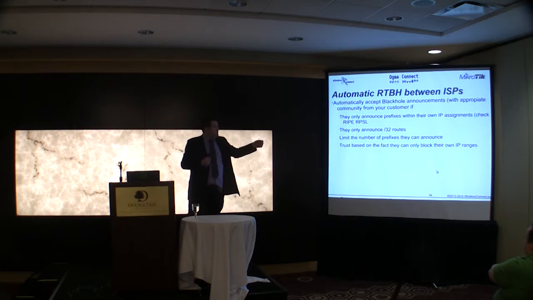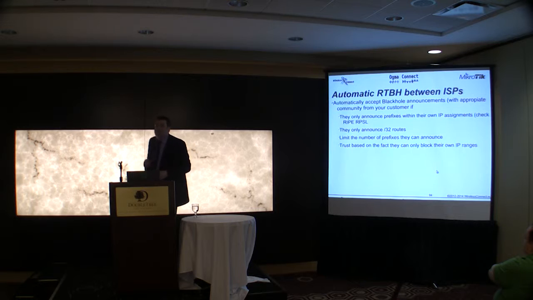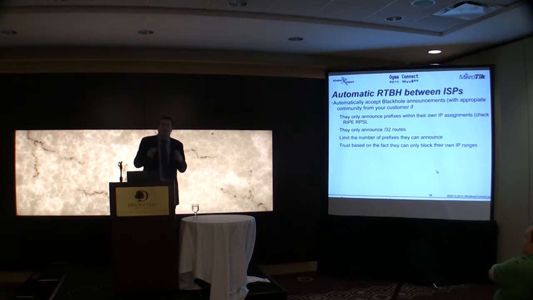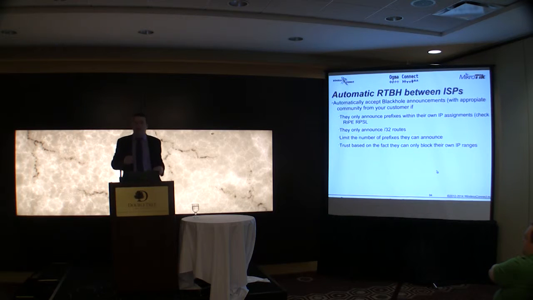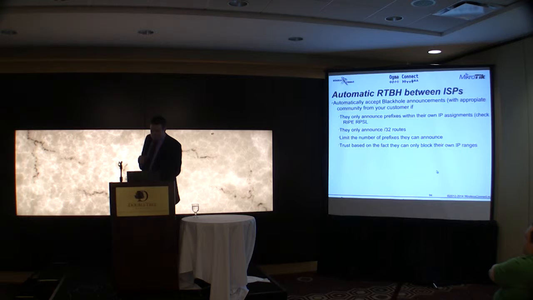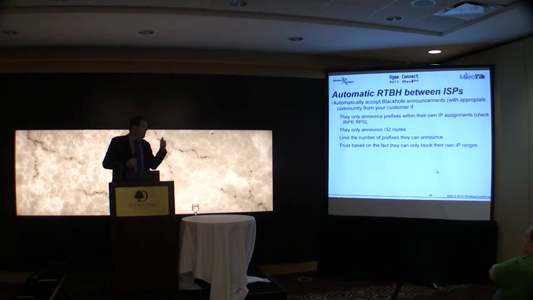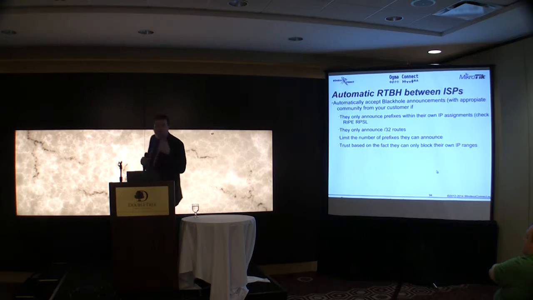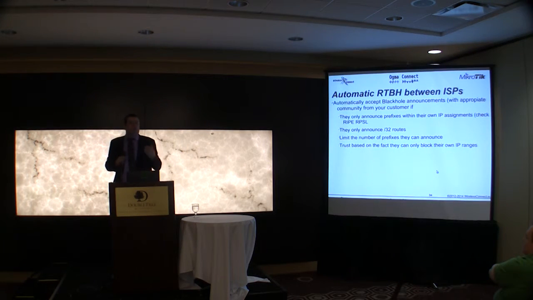Limit the number of prefixes they can announce so that they don't do a denial of service on your memory and say, I have a billion routes to black hole and fail your RAM. Again, when the 64-bit x86 operating system comes out, we'll be all good. Trust is based on the fact that they can only block their own IPs. That's the key thing there. You're basically saying, I'm opting out of getting internet to this IP, so it's their choice.